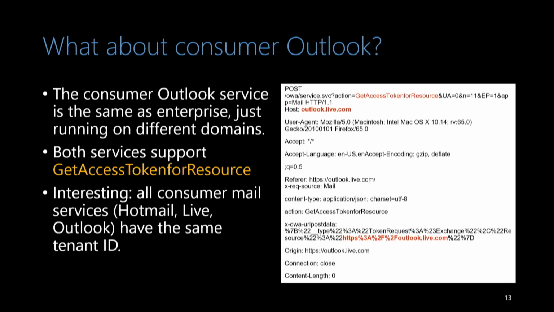After comparing two unsigned JSON Web Tokens from two of my personal test accounts, I learned that all personal Outlook accounts share the same tenant ID. That means no matter whether you use live.com, outlook.com or hotmail.com, your accounts are under the same tenant. That's wonderful, because in this case we don't have to modify the tenant ID.